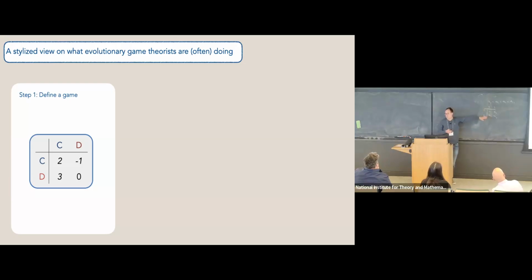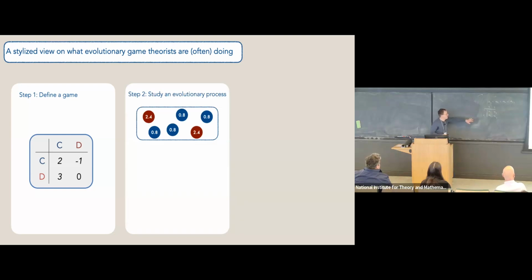Usually we start with something that resembles a game, for example here, the prisoner's dilemma. Then we assume that players are perhaps not perfectly rational when playing this game. Rather, they start by playing some strategy. For example, here we have a population where 2 of them play defect, 4 of them play cooperate. They get some payoff or some fitness.